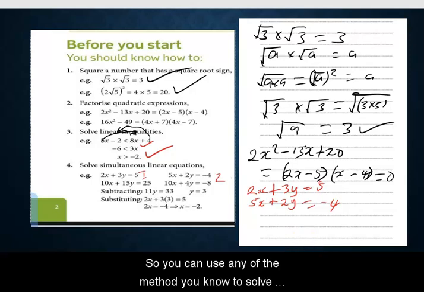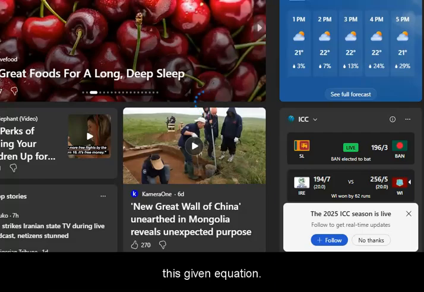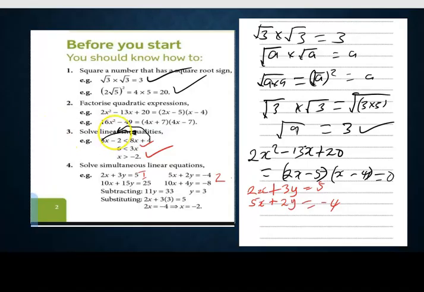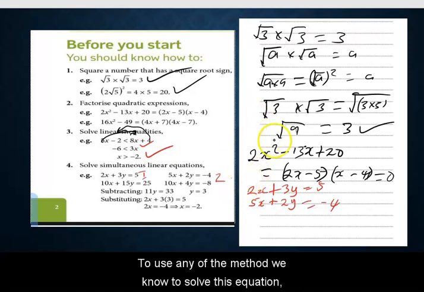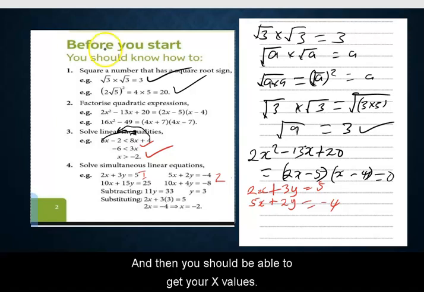You can use any of the methods you know to solve this given equation. You can solve by elimination, you can solve by substitution, and then you should be able to get your x values.